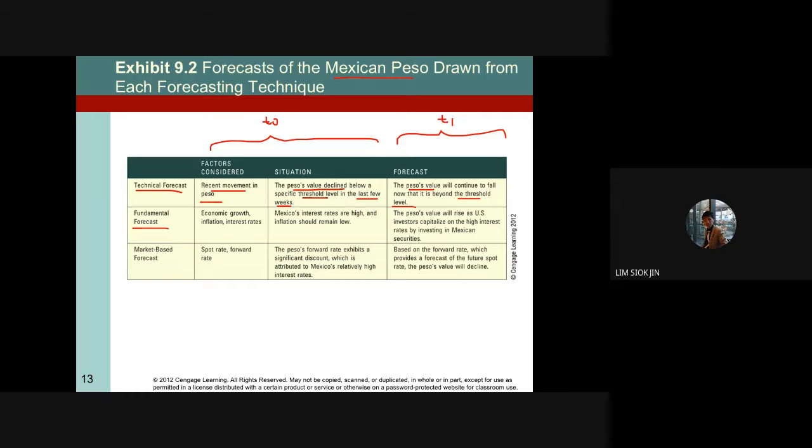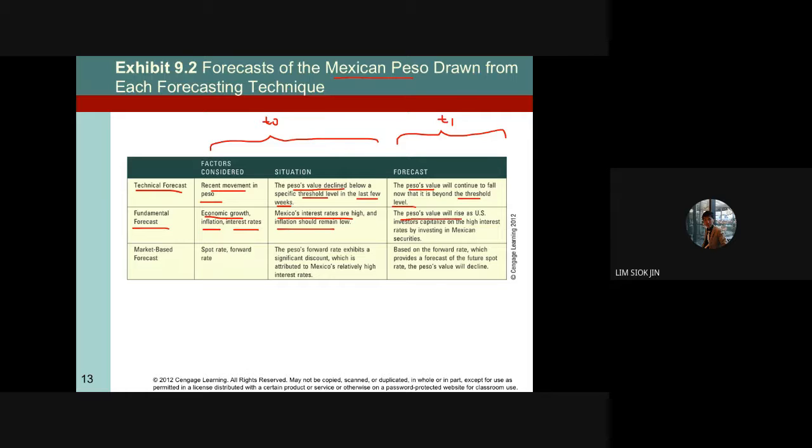The fundamental forecast will look mainly at economic growth, inflation, and interest rate. So you understand all these PPP and all this, right? You look at Mexico's interest rate. Mexico's interest rate is high, and inflation should remain low. Wow, interesting. Interest rate is high, inflation is low, so we probably will take the interest rate parity. It is very attractive to invest in Mexico, so people will invest in Mexico.